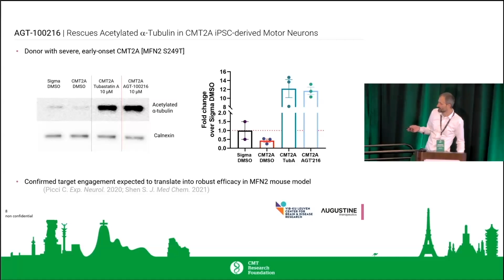And in those neurons, we have demonstrated that HDAC6 rescues the acetylated alpha-tubulin to a similar extent as tubastatin A, again a well-known hydroxamic acid HDAC6 selective inhibitor. And this confirmed target engagement is then expected to translate into robust efficacy in a mitofusin 2 mouse model, as was demonstrated by 2 separate groups previously.